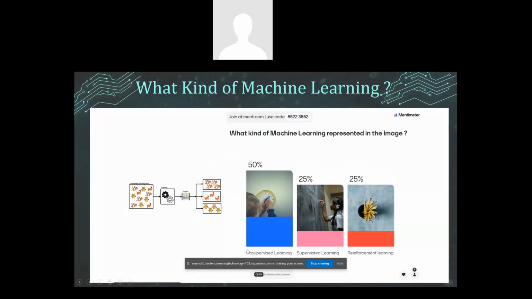Actually, this picture is unsupervised learning. Why? Because the unlabeled training data is there, and the machine is processing this data and segregating it based on its nature. In machine learning we classify into supervised, unsupervised and so on. Okay, I'll go to the next slide.